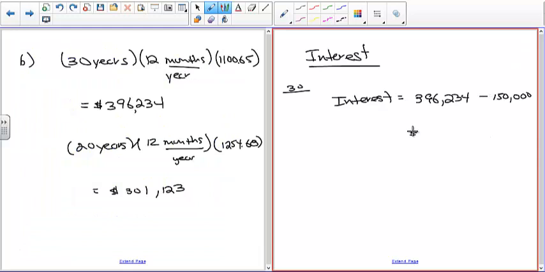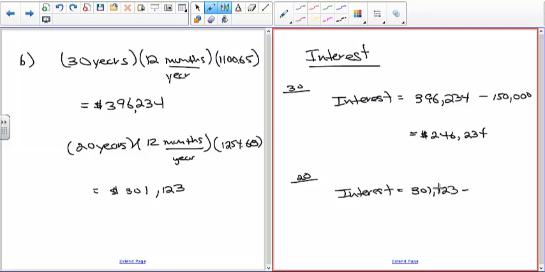So if we take $396,234 minus $150,000, we get $246,234.